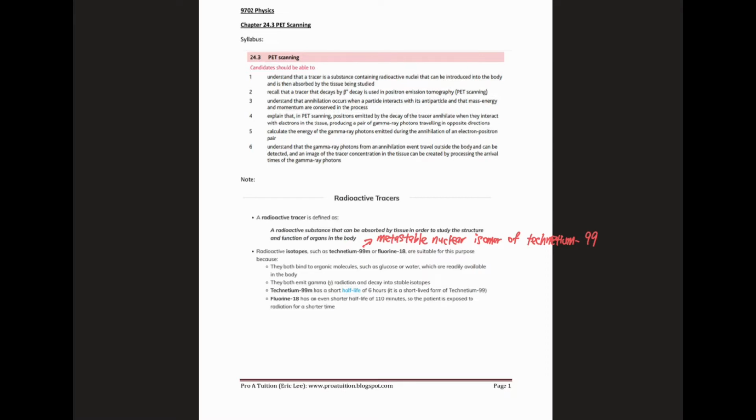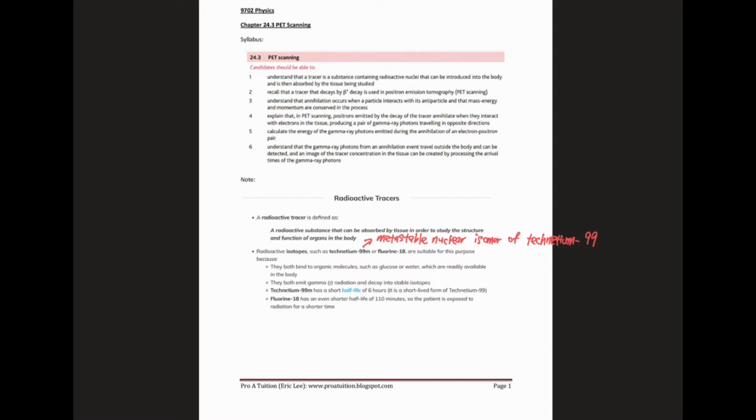So it's just an isomer of technetium-99 that is suitable for medical purposes. The other radioactive isotope that we use is fluorine-18. So these are the two famous radioactive isotopes that we use in medical study.